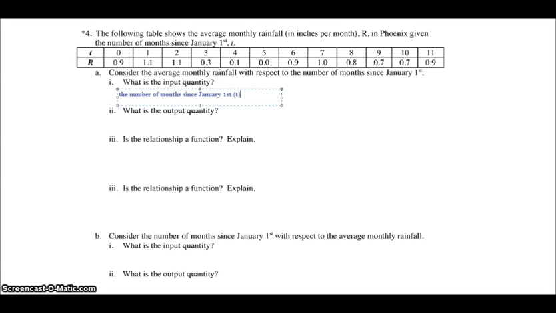The input quantity is the number of months since January 1st. Notice that we say the average monthly rainfall with respect to the number of months since January 1st. Whatever comes after "with respect to" is the input quantity, or the independent variable. The output quantity is the average monthly rainfall.